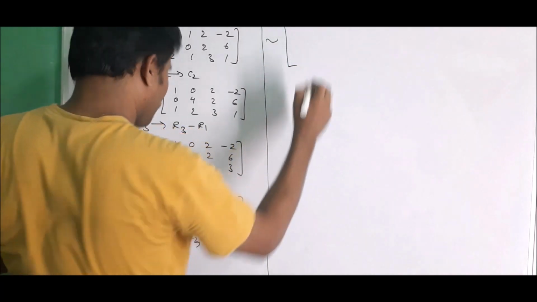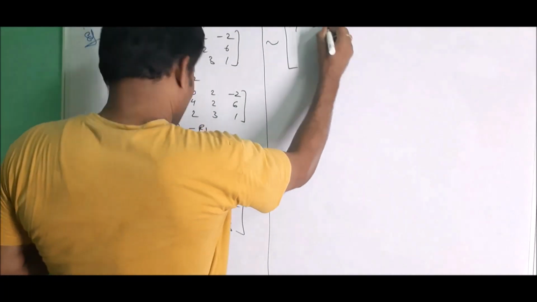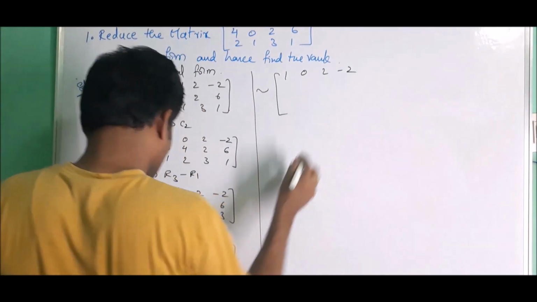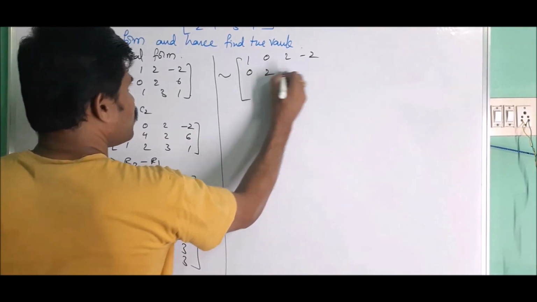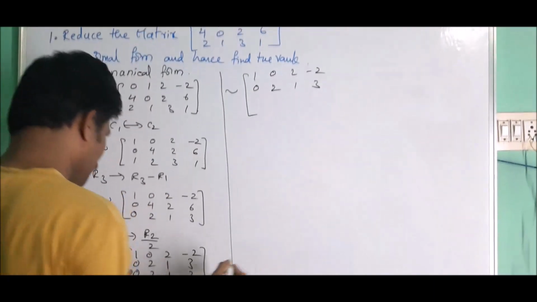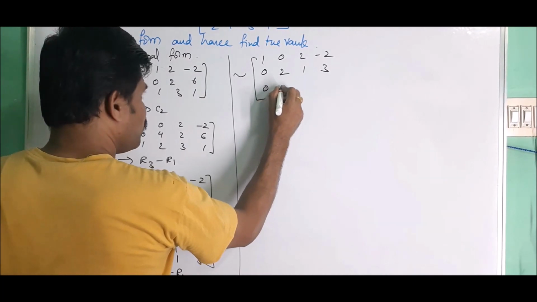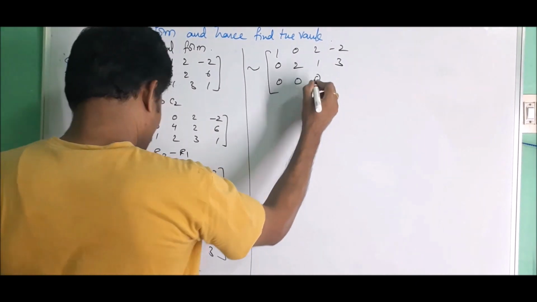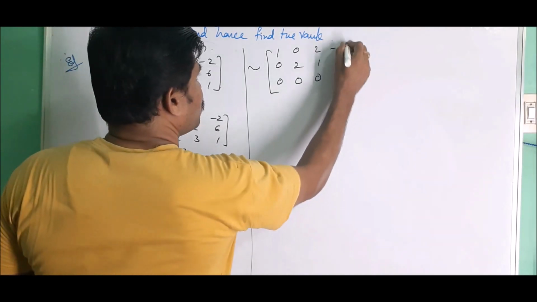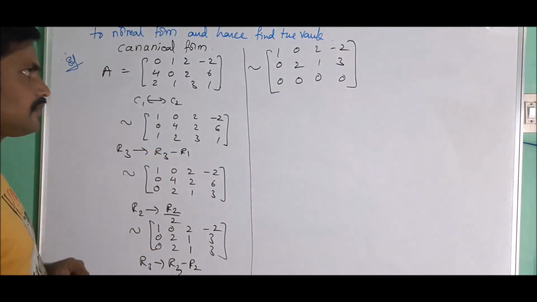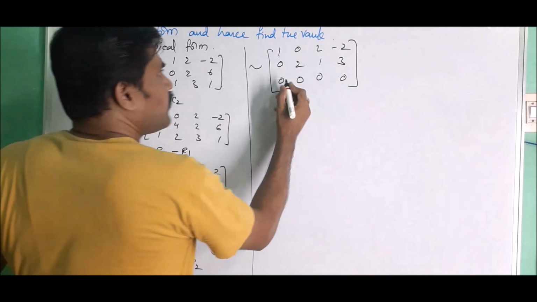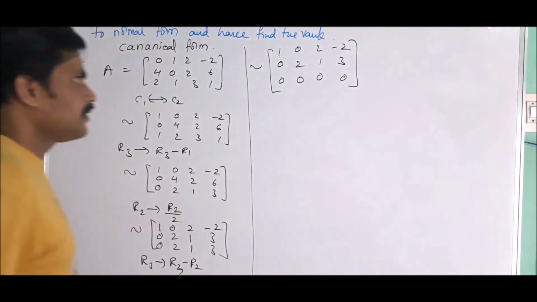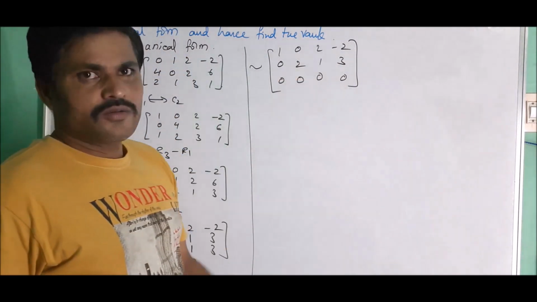Now the resultant matrix is: the first row does not change, the second row is 0, 1, 1, 3, and in the third row 0, 0, 0, 0. Here we observe that the third row is totally 0.